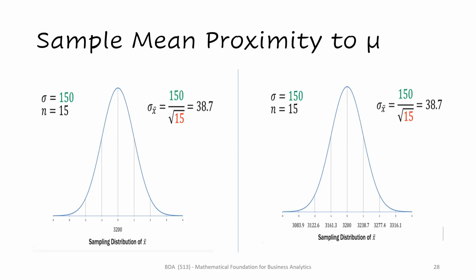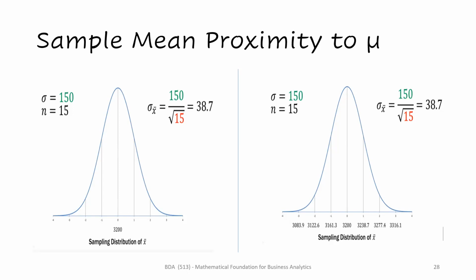Now, when we move one standard deviation to the right, that gives us 1. The 2 on the x-axis is 2 standard deviations to the right, and the 3 is 3 standard deviations to the right.